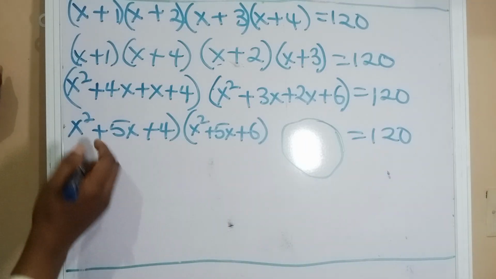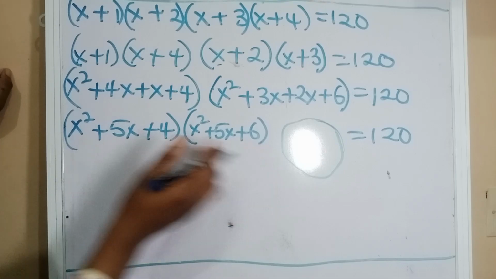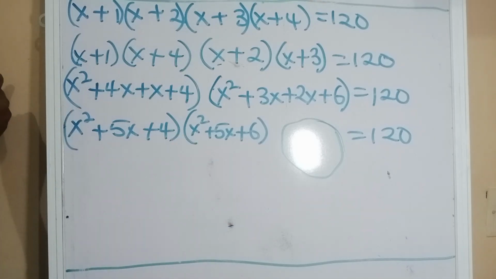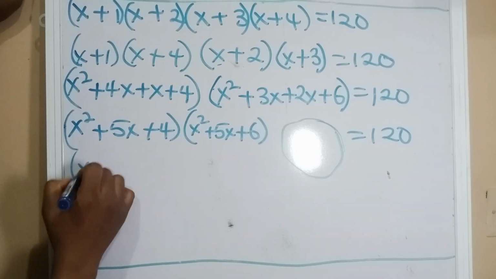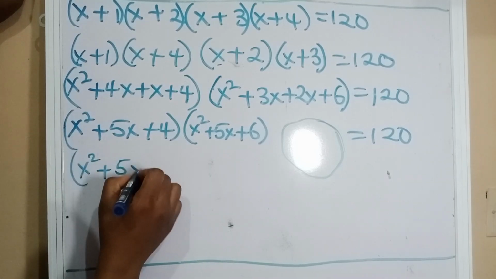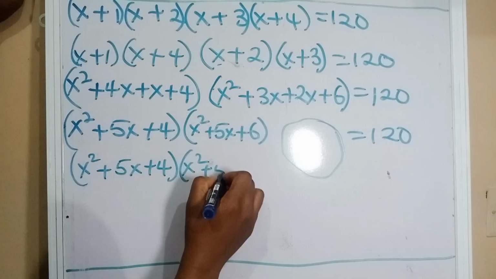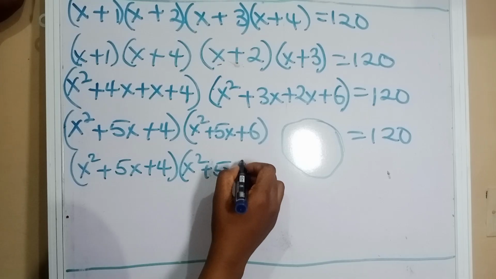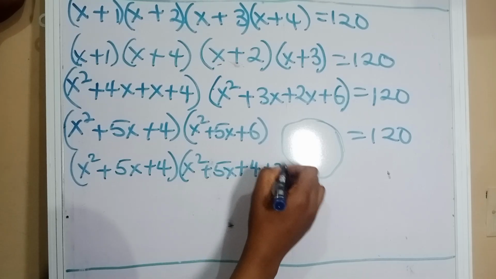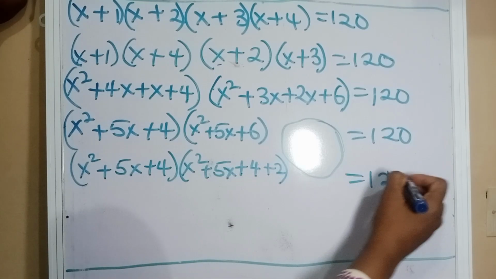Okay, so now you can see that they are a bit common. So the next thing we are going to do is x squared plus 5x plus 4, times x squared plus 5x plus 4 plus 2, equal to 120.